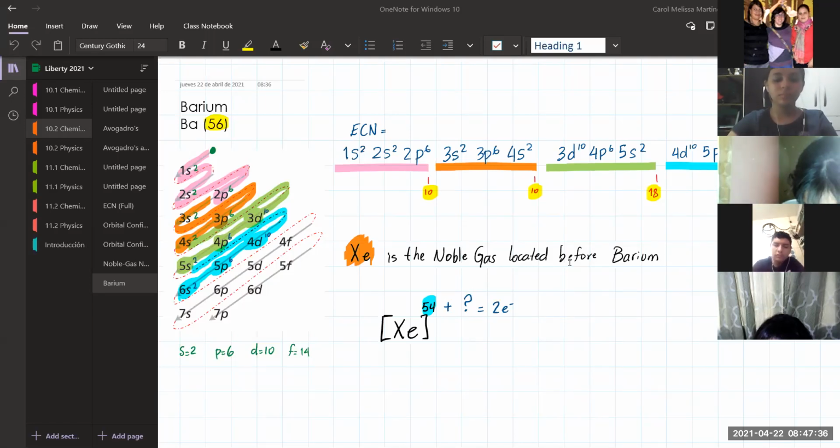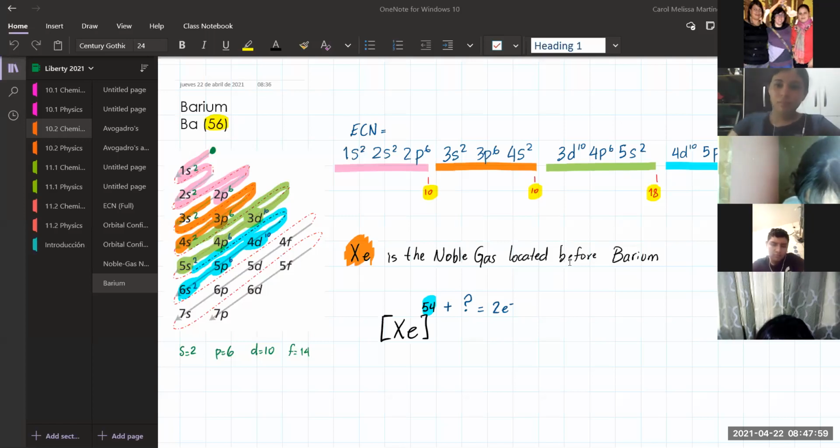Because I just need 2 electrons, I will include only the very last portion of the electron configuration that has 2 electrons, which is 6s2. 6s2 gives me the exact number of electrons that I need to become barium.